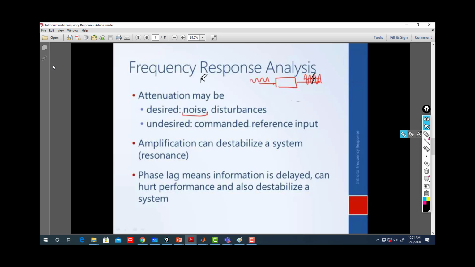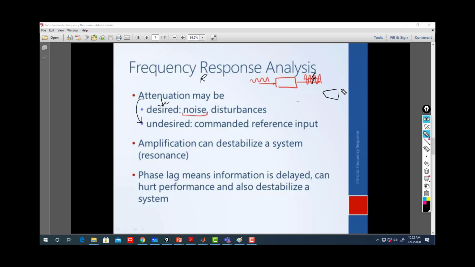So here what they are saying is that you have your system, and you may amplify the signal or you may attenuate it. If your input is noise or disturbance, you desire to attenuate it. But it's undesired to attenuate your real input.